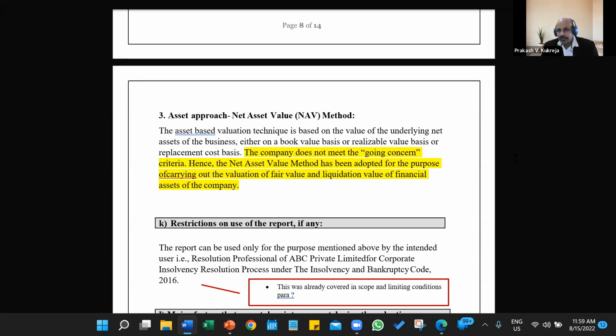Management is the board of directors. Yes, and we also definitely used to share the draft report once. Is it correct practice? Either they understand or not. Yes, that is a separate thing. But when I do the valuation, I used to share the reports with the management.